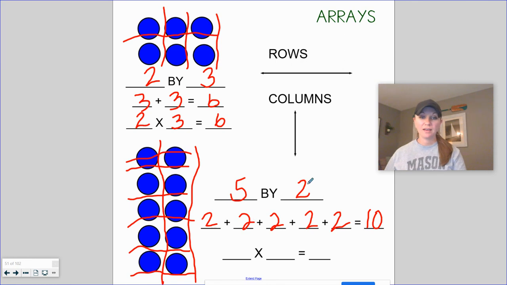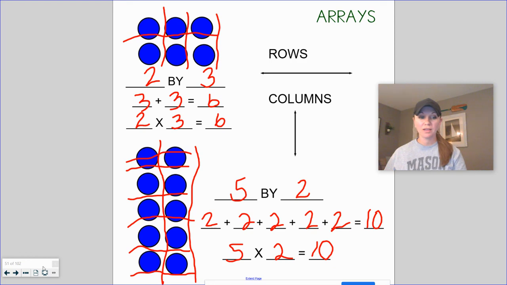All right, and then that name of the array, remember, helps us with the multiplication sentence, right? We've got 5 rows of 2, 5 groups of 2, so that would mean 5 times 2, and now we know the product, right? Our final answer would equal 10. All right, so nice job, guys, on those arrays today.